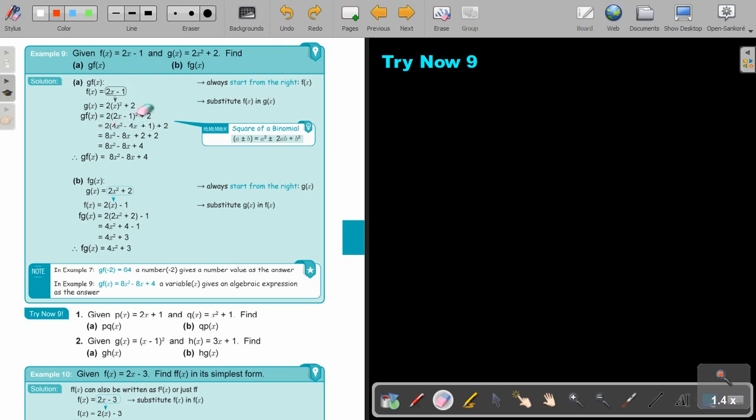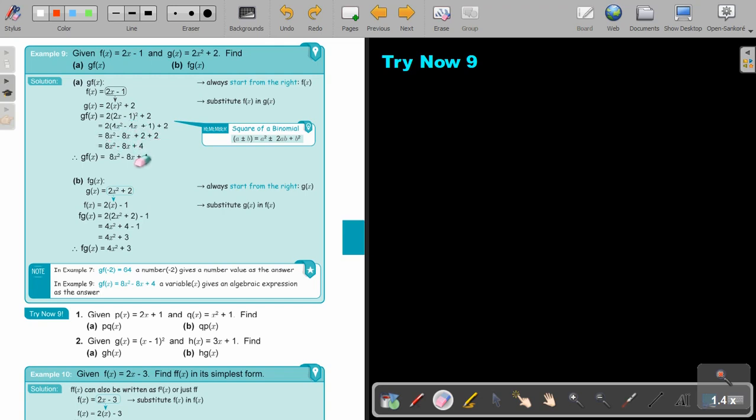Remember, that's a double, and it's two terms inside. So you either have to do the short way by saying 2x squared plus 2x squared is 4x squared, negative 1 is plus 1, but there's a middle term. So 2x times negative 1 is negative 2x times 2 will be negative 4x, or do the two brackets. But don't make the mistake and leave out the middle term.